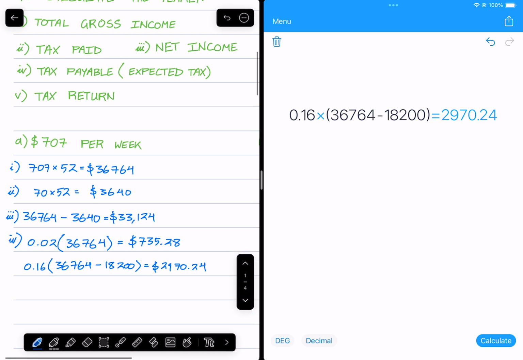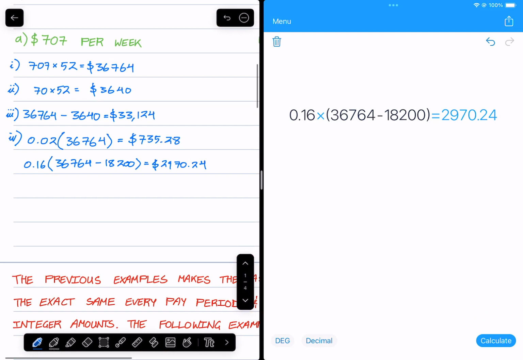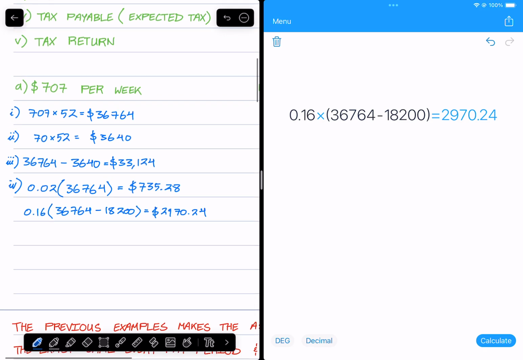So now for their total expected tax that should be paid by the end of the year, so the tax payable, so remember this is what is expected to have been paid by the end of the year, is just the sum of the Medicare and income tax.